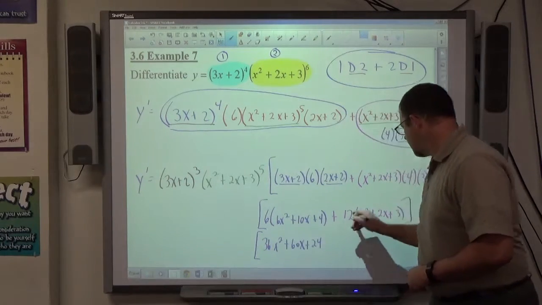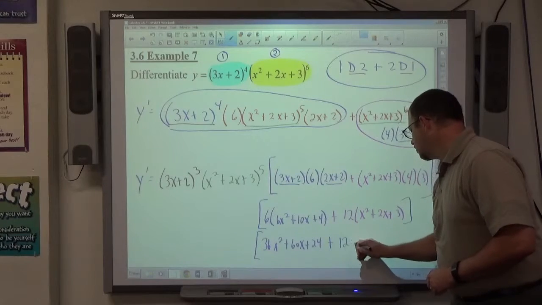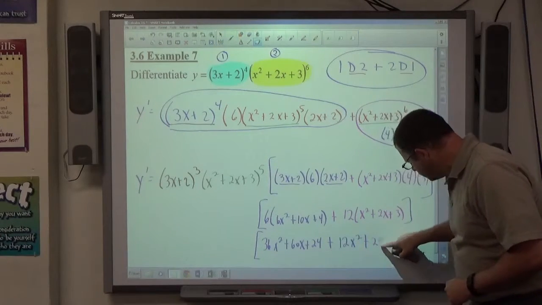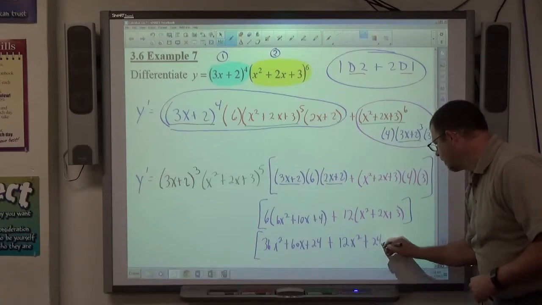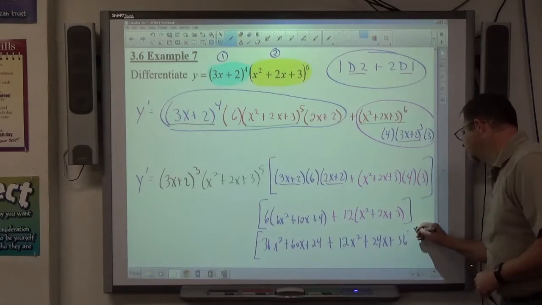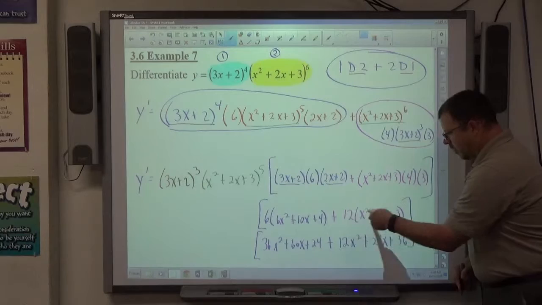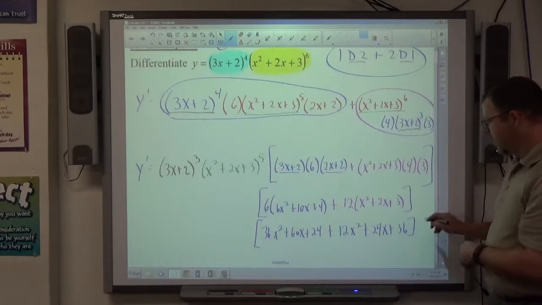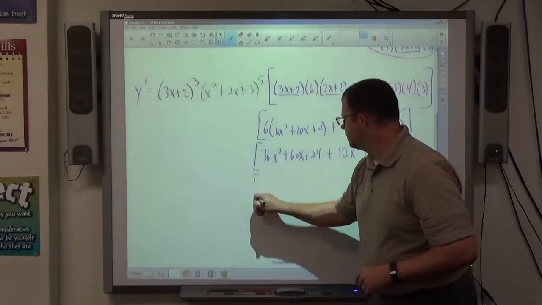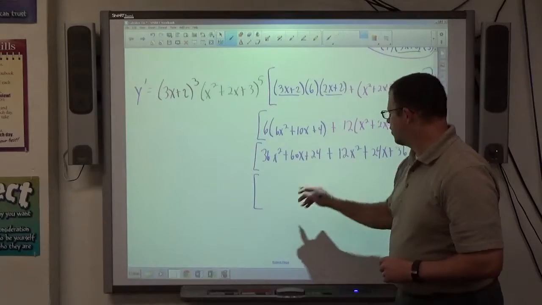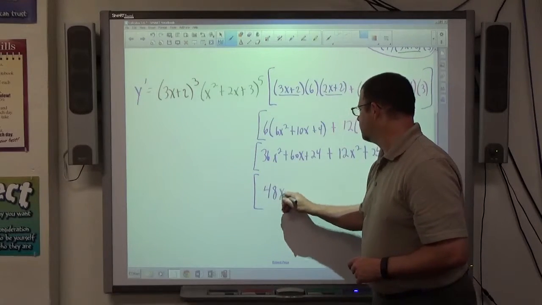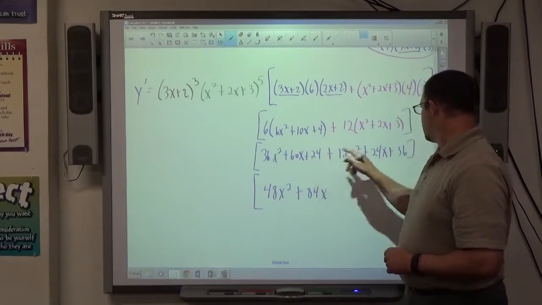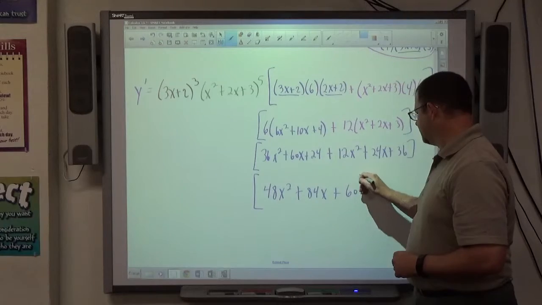If I multiply through that parentheses, I get 12x squared plus 24x plus 36. 12 times x squared, 12 times 2x, and 12 times 3. And our final step of algebra, 36x squared plus 12x squared is 48x squared. 60x plus 24x is 84x. 24 plus 36 is 60.